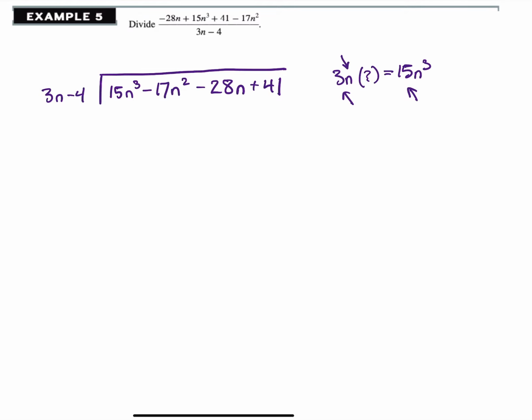And since I have one n and I want 3, I should bring in 2 more. So 5n squared. You could also view this as a division. I could take what's inside, the 15n cubed, and divide it by this first term on the outside. And here, notice I get the 5n squared. That would tell me what term I want to place up here. I'm going to put it over the n squared term.